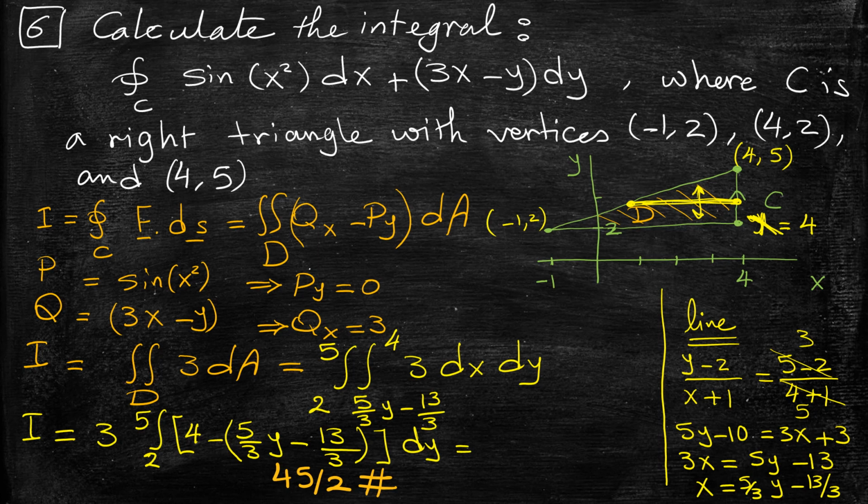So we'll end up with 3 times 4y minus 5 over 3 y squared over 2 plus 13 over 3 y, and these limits from 2 to 5. So we will get this value.